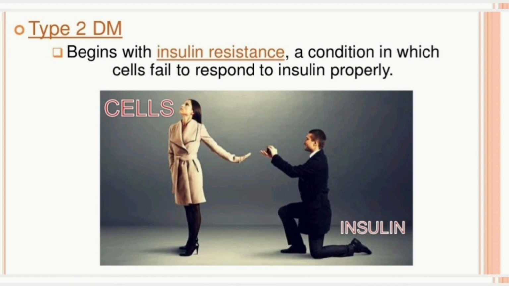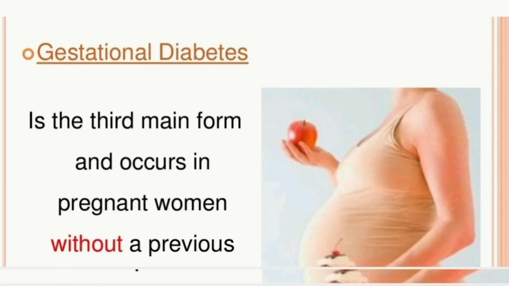The reasons for type 2 diabetes mellitus are genetics, some lifestyle changes and also some other health conditions. Another type of diabetes mellitus is gestational diabetes. It is the third main form and occurs in a pregnant woman without a previous condition.